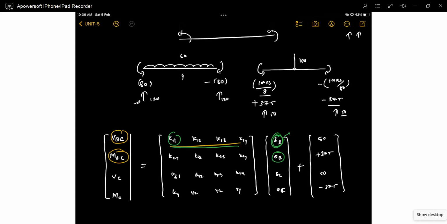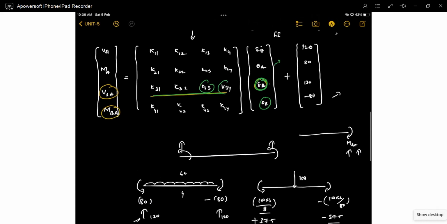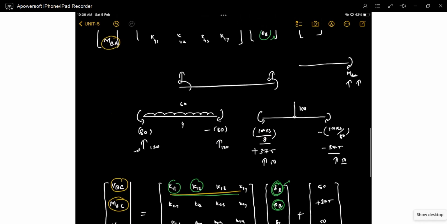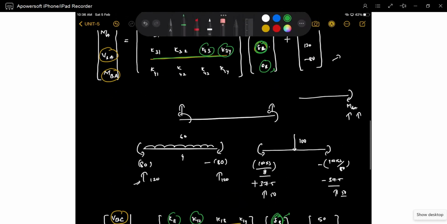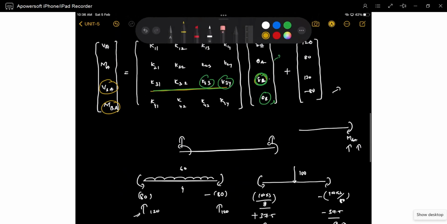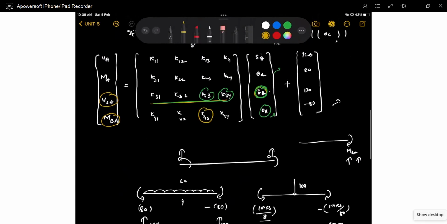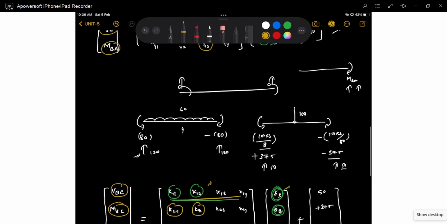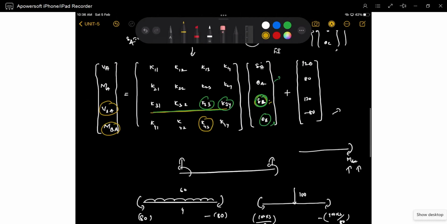Again, k34 with delta B and k12 with delta B. Also for the next MBA, k43 multiplies with delta B and k21 multiplies with delta B. So these first four add. That's the only idea.